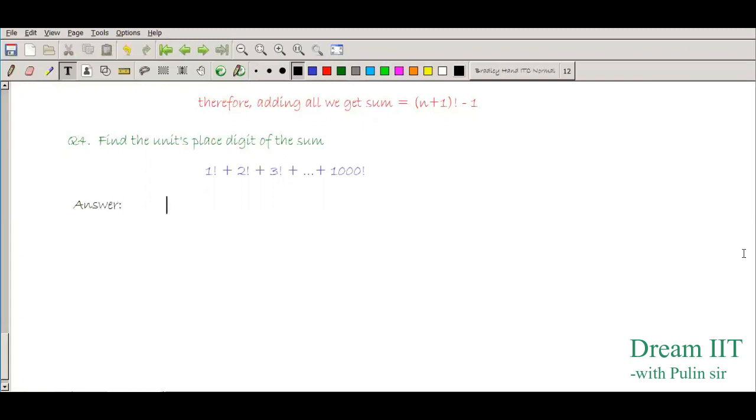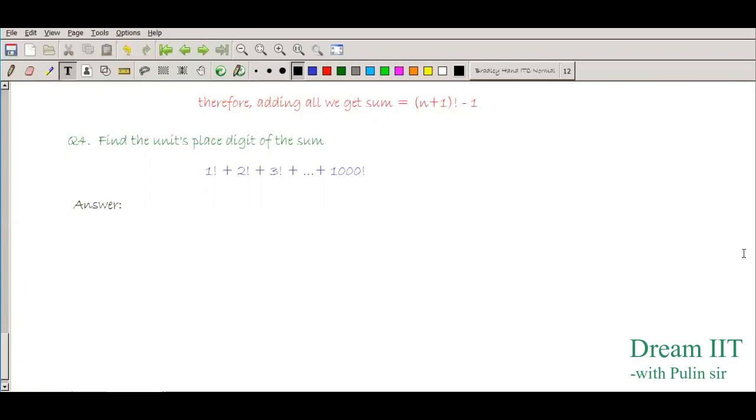Answer. Okay. So one thing you try to observe. When we take the factorial of the first number starting with 5 factorial, whose last place digit is 0. 5 factorial is 120, right? Then next 6 factorial is 720.